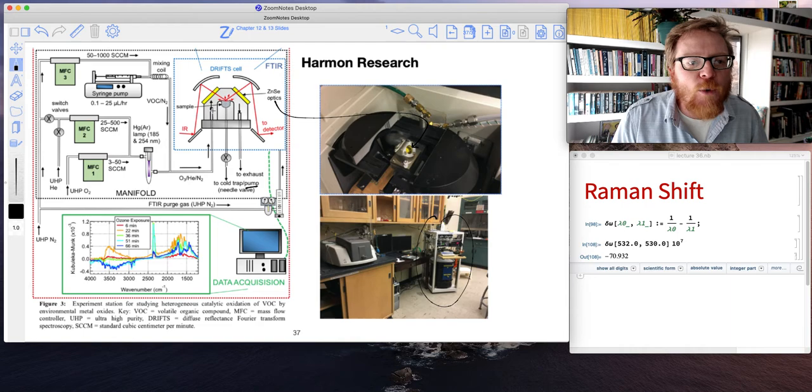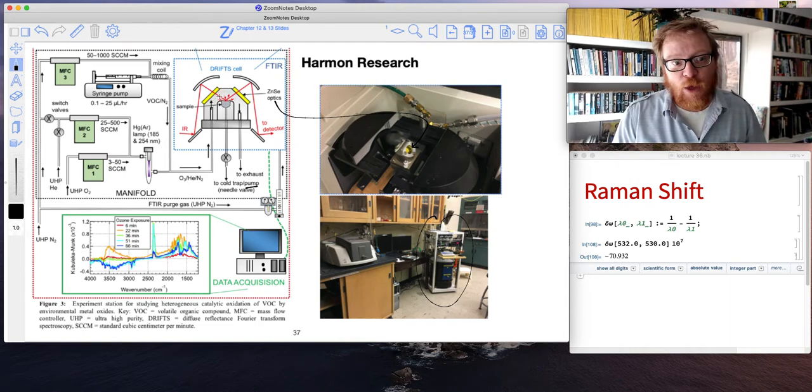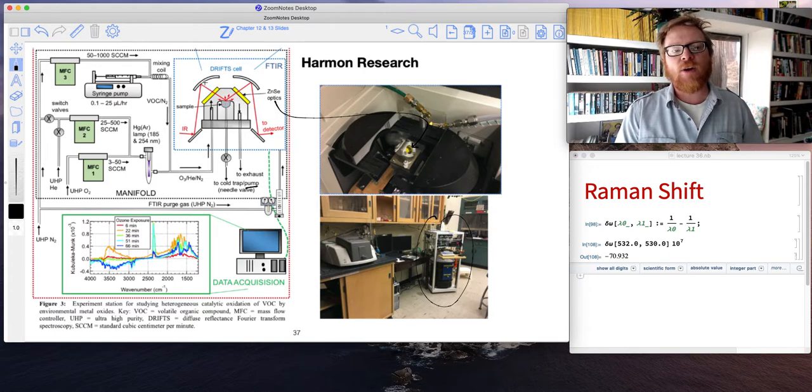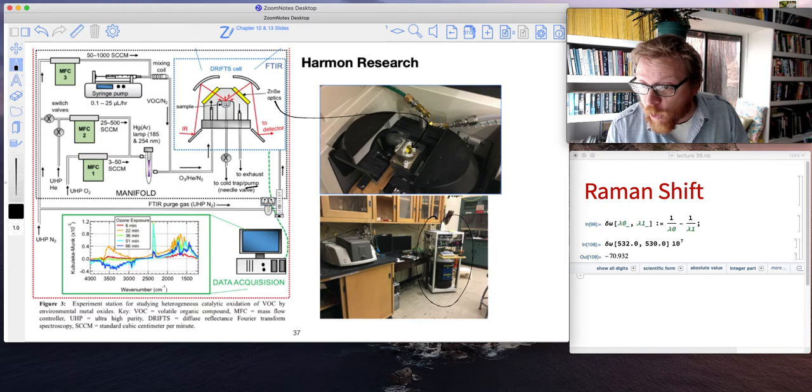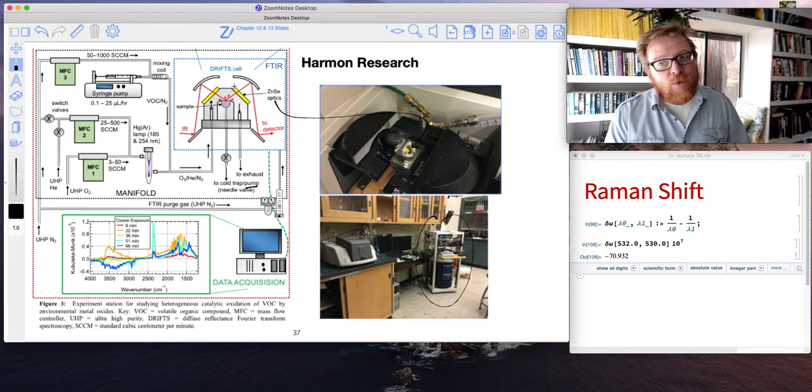Now we flow the gases over the surface, and the gases flow over the surface and then make it out through the exhaust. Because our IR beam is being scattered off the surface, and because our path length is really small, we don't really see what's in the gas phase.